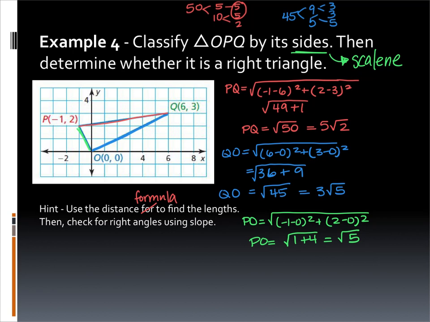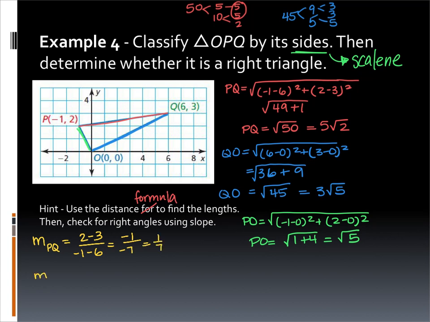And now we need to determine if it's a right triangle. If it's a right triangle, then that means we need to find the slope of each of these lines so that we can determine if any of them are perpendicular. Okay, so the slope of PQ is going to be 2 minus 3 over -1 minus 6. So that's -1 over -7, which is 1/7.